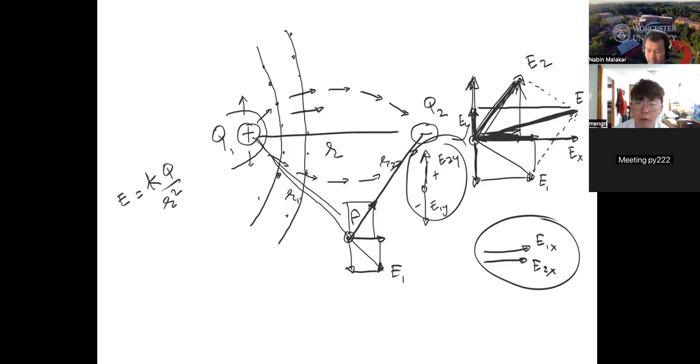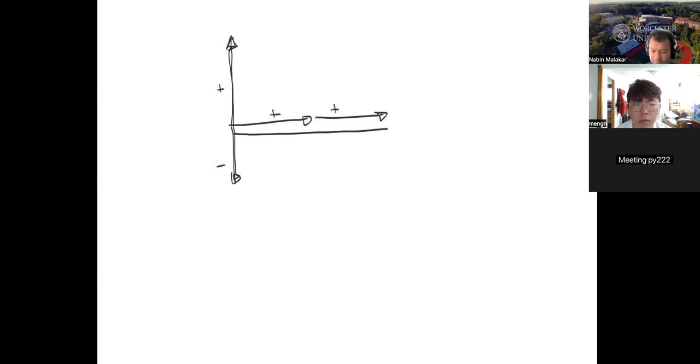So you end up with the x component of the first, x component of the second, y component of the first here down, y component of the second, and this is plus, this is minus, this is plus, this is plus. So these two add together to give you a vector, that is Ex, and then these two subtract to give you another vector, that is Ey, right?